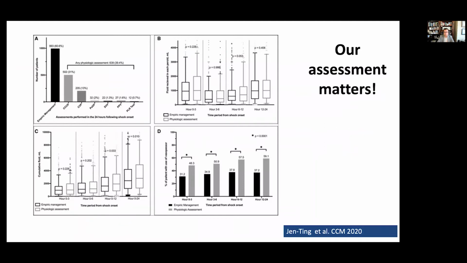Finally, going back to CLOVERS, this was one of the sub studies that really showed that instead of just doing empirical management of shock, where everyone gets 3 liters of fluid and the same sort of treatment, when treatment was based on physiological assessments that included ultrasound, CVP, PAOP, SVV, PPV, and so on, there was a significant increase in patients who got early vasopressors.